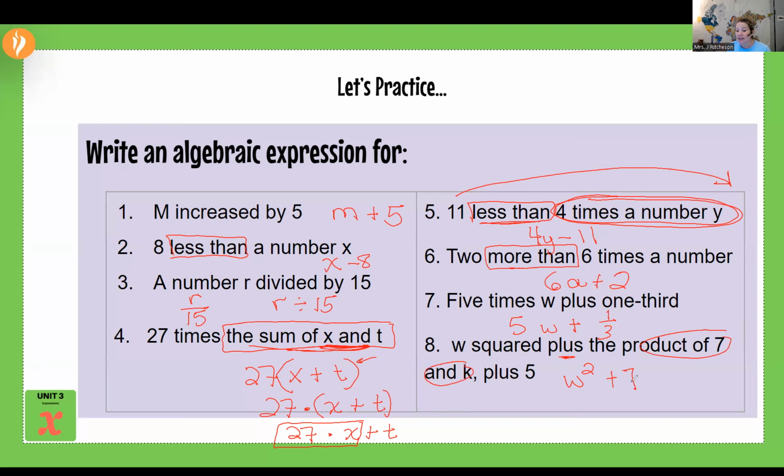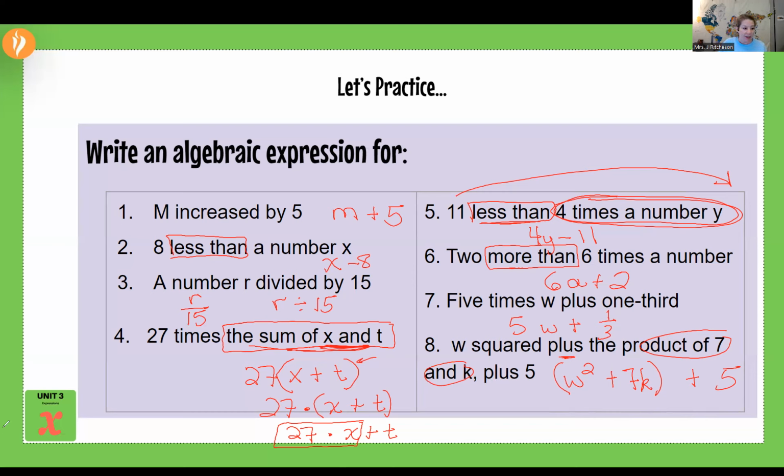I'm going to write 7K, and all of that plus 5. On this particular one, if I don't have parentheses, it's okay because order of operations would make me just add in order from left to right, but I want to be extra careful to make sure I get full credit. So if I'm ever in doubt, if there's a comma, I'm going to be adding parentheses.